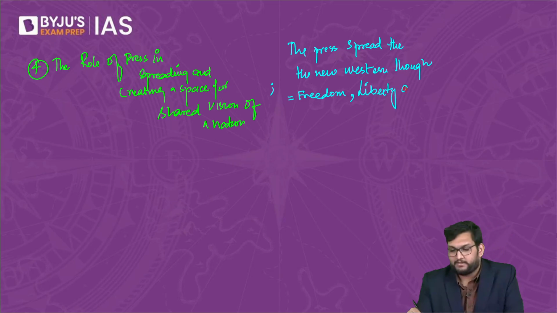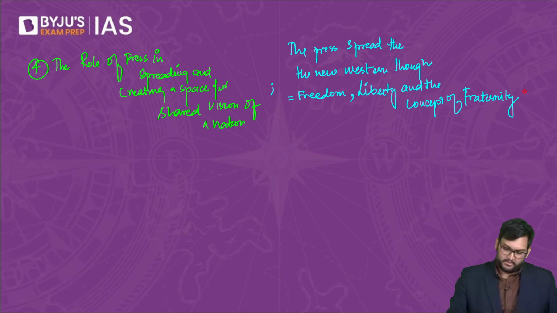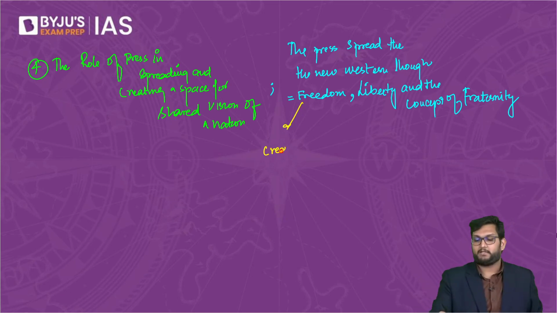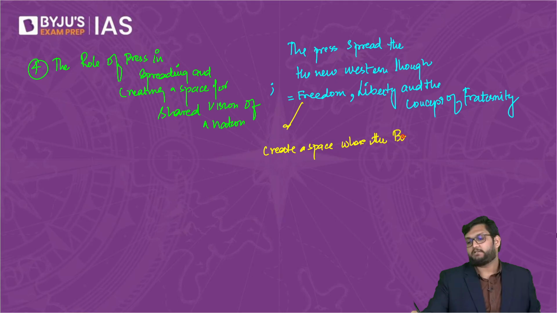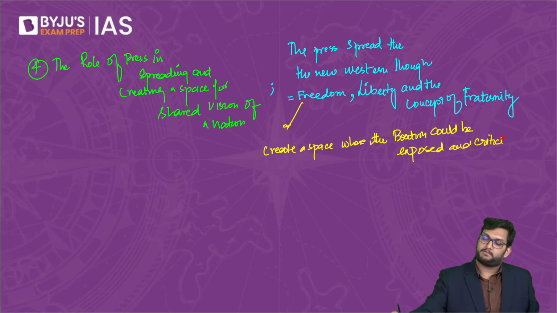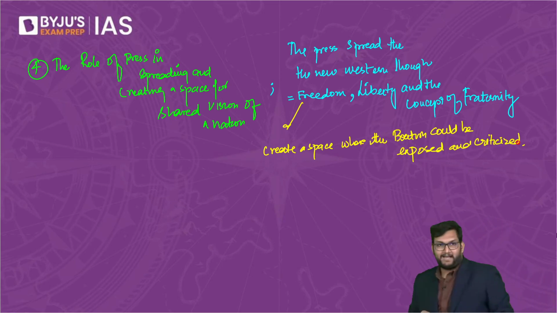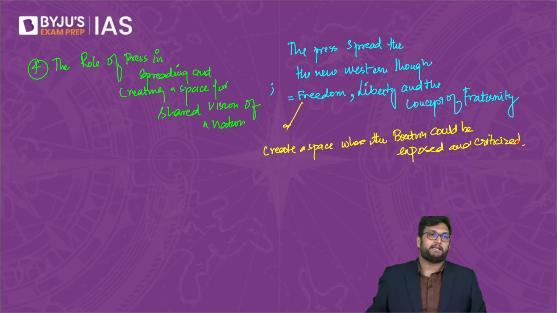Freedom, liberty, and what we call the concept of fraternity. Fraternity being coming together. And they will also create a space where the British could be exposed and criticized. Are these 4 points clear? Are they making sense? Yes.